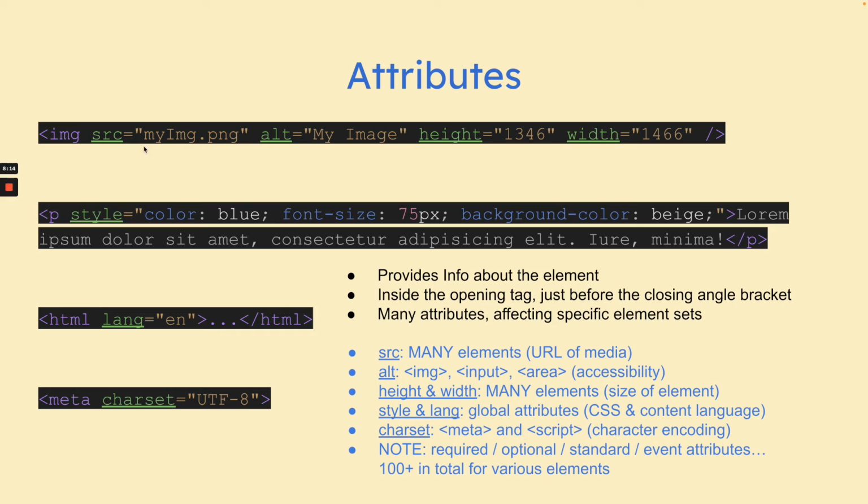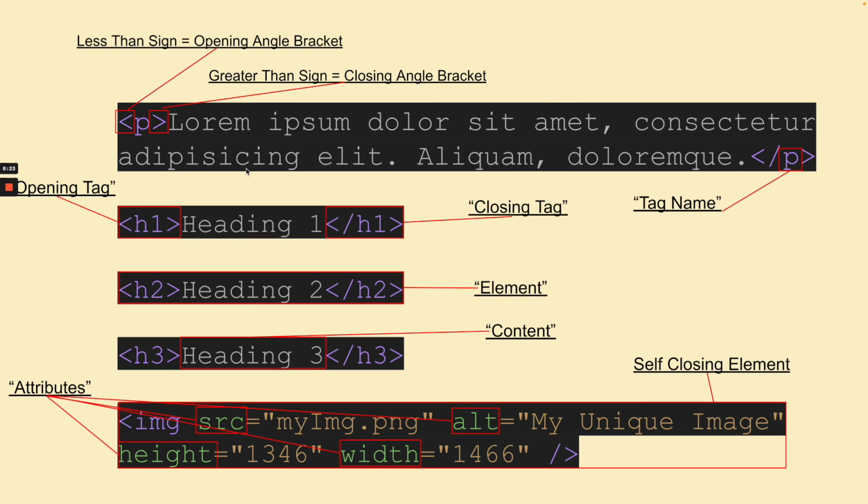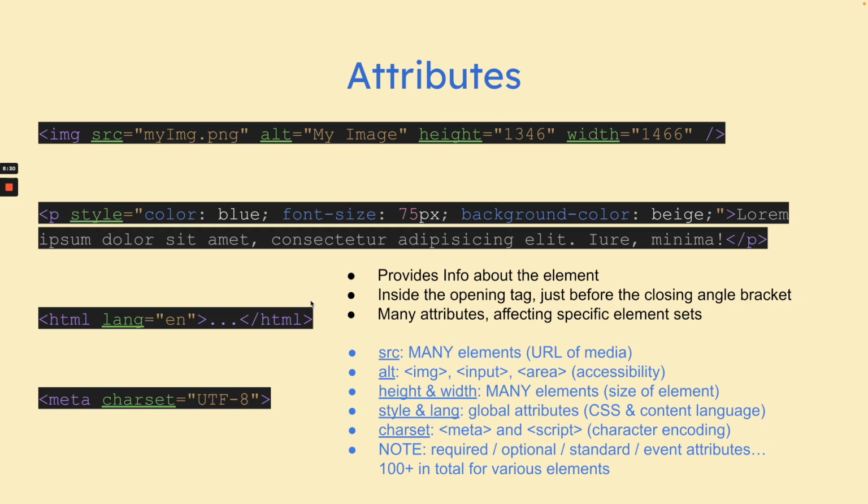So with the attributes, you have source, alt, height, width in this case, and if we went back a couple here, they're the same things inside of this image self-closing tag that are outlined in red here.